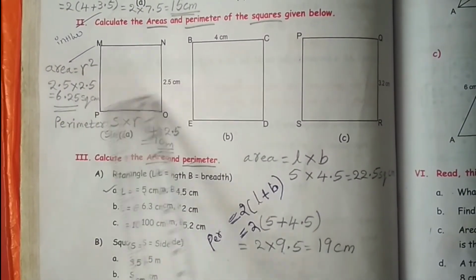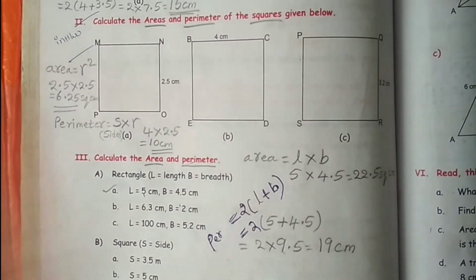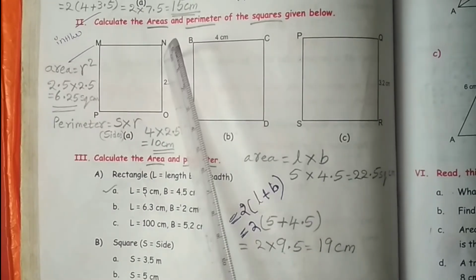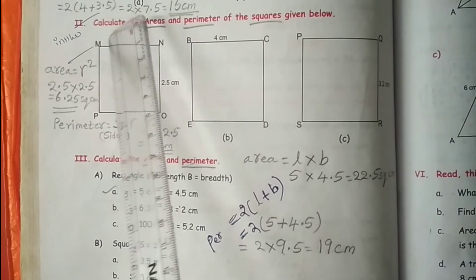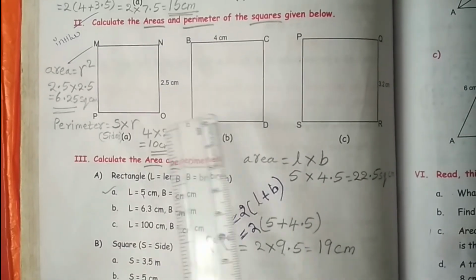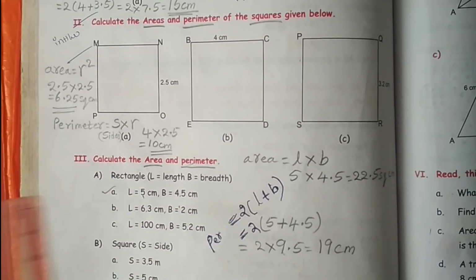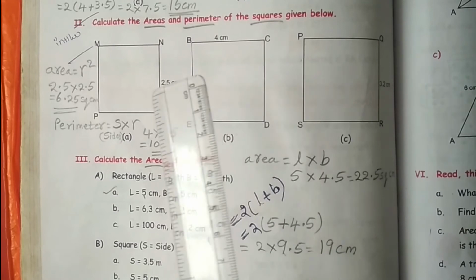All the four sides are equal of the square. So, area is equal to, we can say the formula as R square. That is 2.5 into 2.5. Length and breadth. So, if we multiply 2.5 into 2.5, then the answer is 6.25 square centimeters.